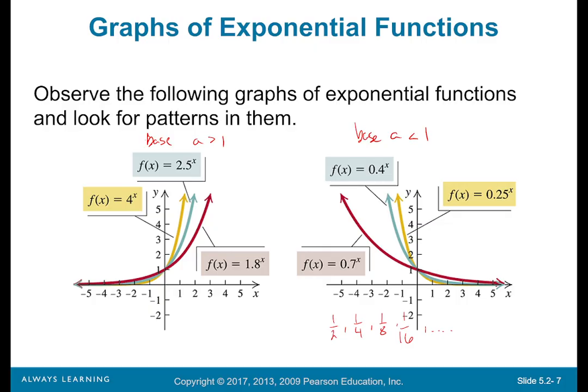So as we start to look at powers of fractions, they quickly go down to 0. So that's what you want to look for here. Is my base a greater than 1, or is my base a truly a fraction that's less than 1? That'll tell us if we're increasing up to infinity or decreasing down to 0.